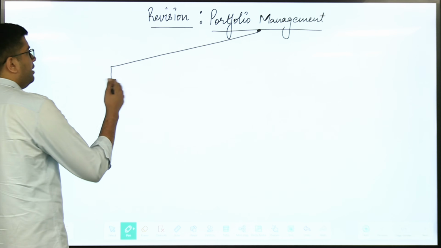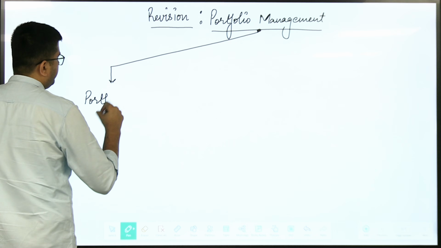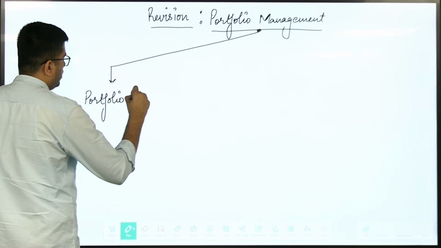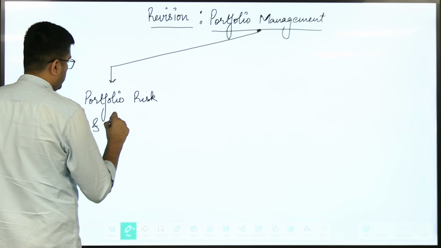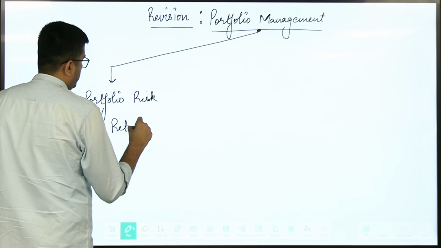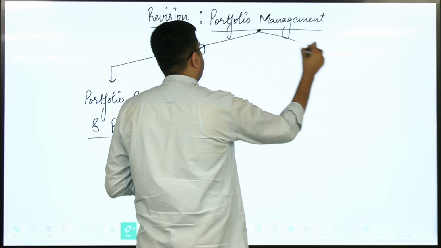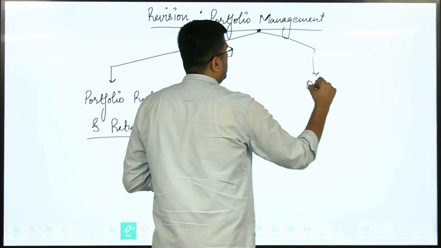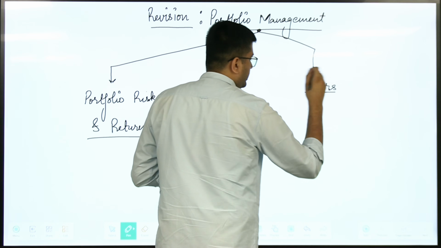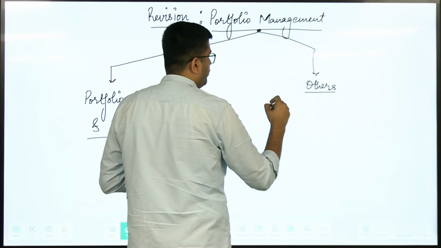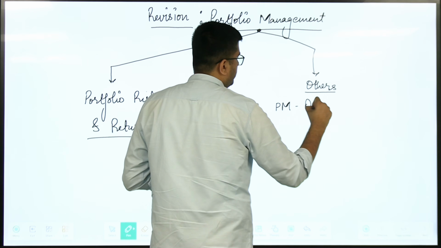So we split the syllabus into two parts. One is portfolio risk and return. And then we have all the other topics. In this others discussion, we have portfolio management overview.